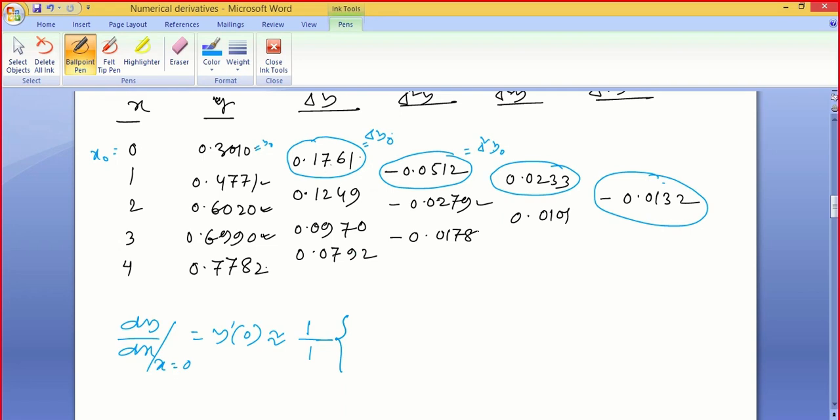Del y0 means this value, 0.1761, minus del square y0 by 2.